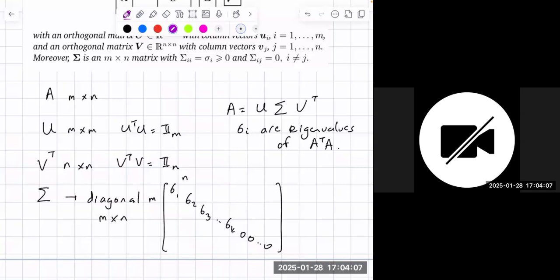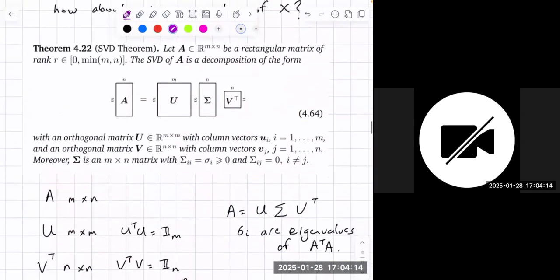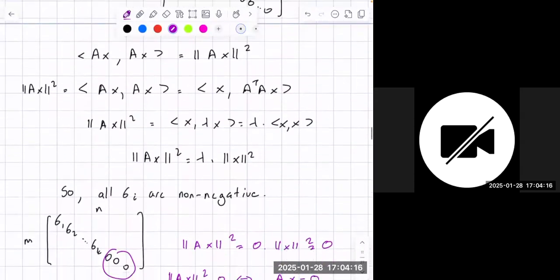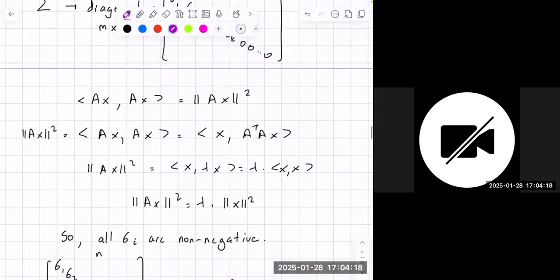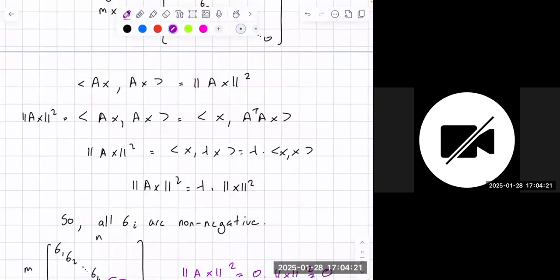Now, why on earth are the singular values always non-negative? It's actually because of the way it's constructed. Maybe quickly, if you just look here, AX inner product AX is by definition this guy. And A goes to the right-hand side as A transpose. This is what we were talking about, right? Now think about the eigenvalues of this guy.